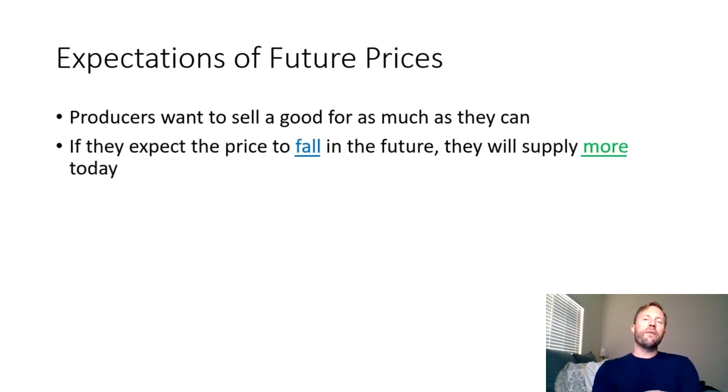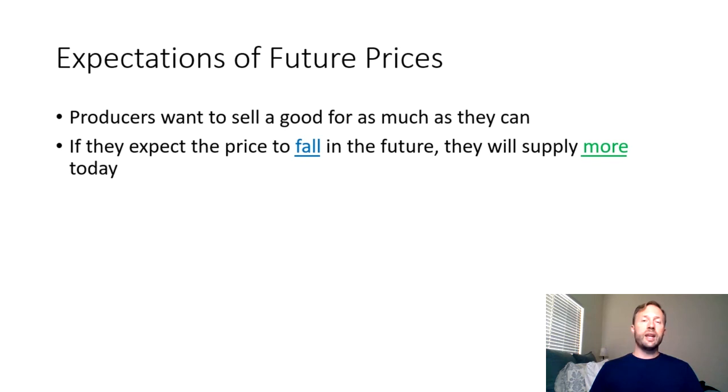All right? Well, what does that mean? That means that if sellers expect the price of a good to fall in the future, they're going to be willing to sell more of it today at today's current prices. Okay, so if you were holding on to gold, for example, let's say you have 100 ounces of gold, and you were told that 2 months from now the federal government was going to open Fort Knox and sell off all of its hoard of gold, and that's going to push the price of gold down.